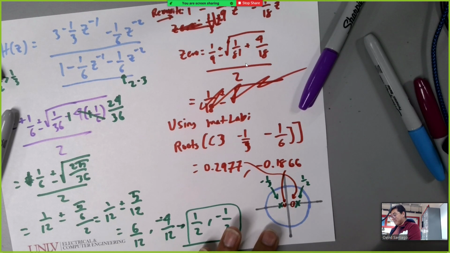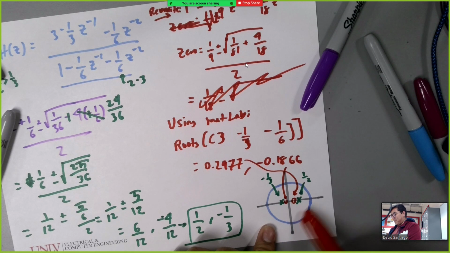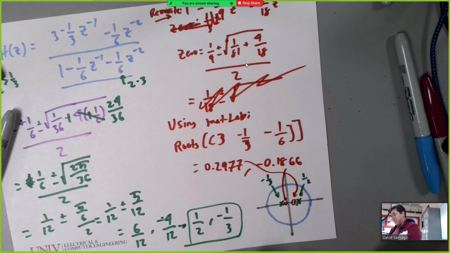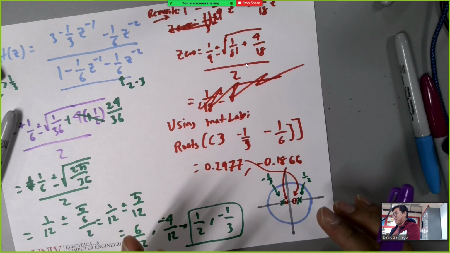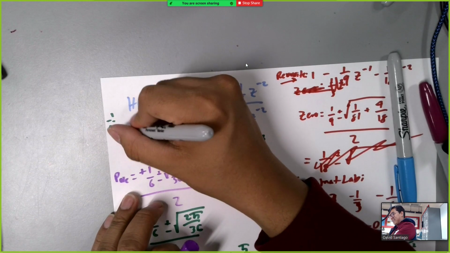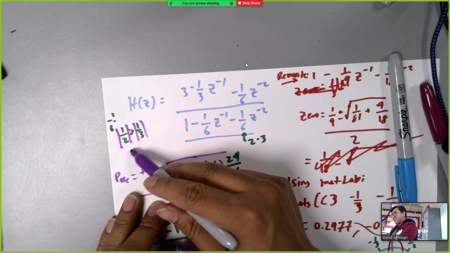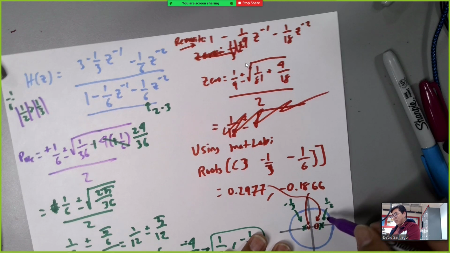Cool? All right. So that means this is what we're going to see. Now the last thing is, which pole is greater in terms of absolute value? So if you remember, absolute value, which one's greater? 1/2. Okay, so we're not going to draw it on the 1/3. It's going to be on the 1/2 because this is the largest pole.